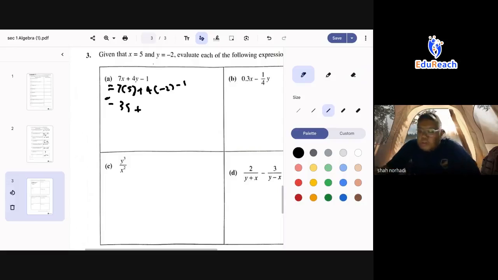Now, when you take 4 times -2, it is no longer a plus, because positive 4 times -2 will give you -8. So it's actually -8 -1.